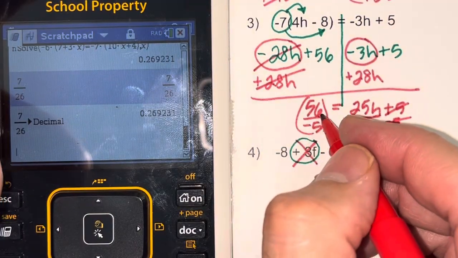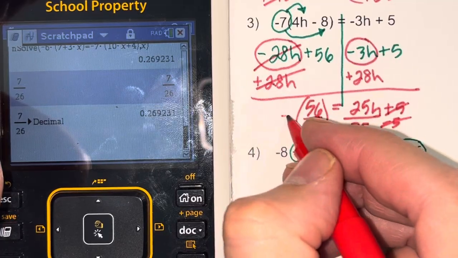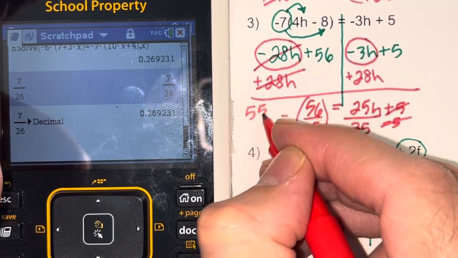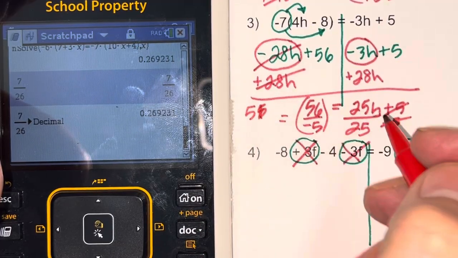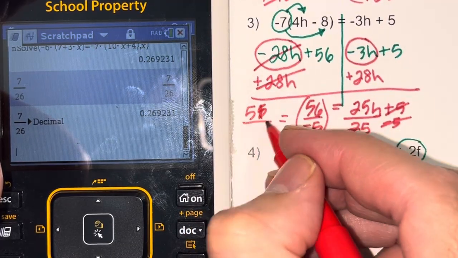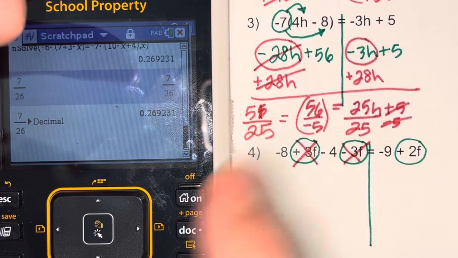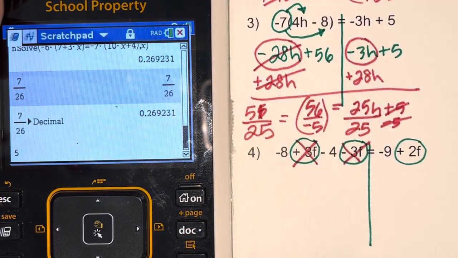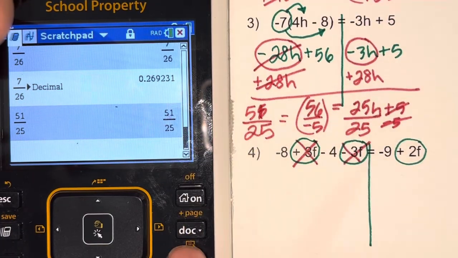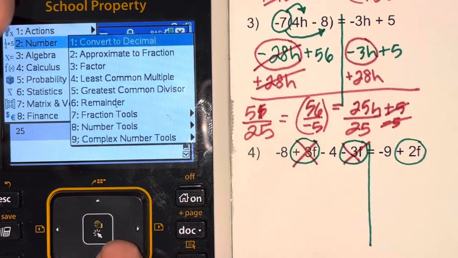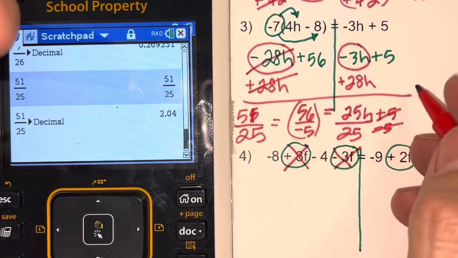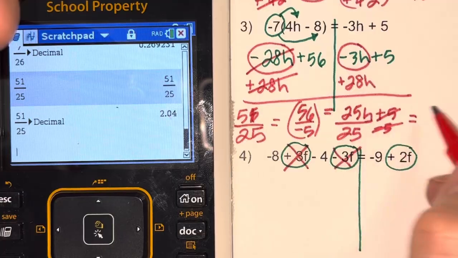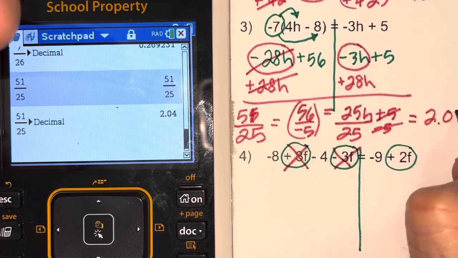And this is going to look not right here, so this would be 51. 56 minus 5 is going to be 51 divided by 25. So we got 51 divided by 25. 51 over 25, and we go to menu and then convert. So if we did it correctly this way, we should end up with h equals 2.04.